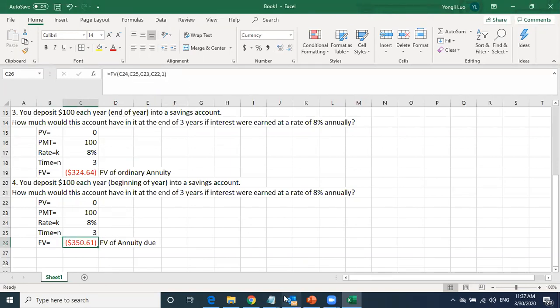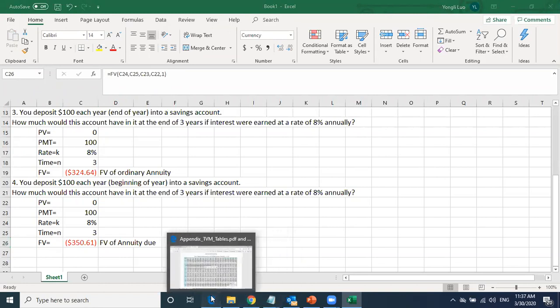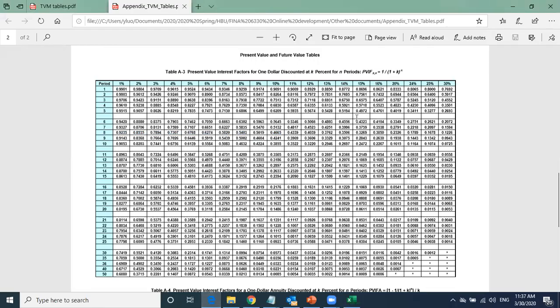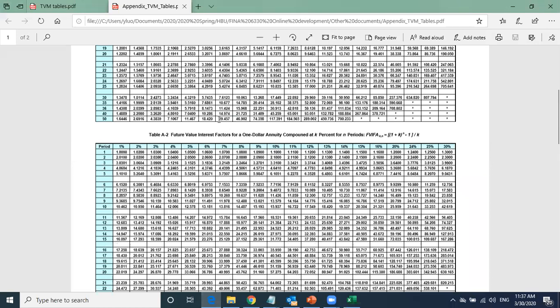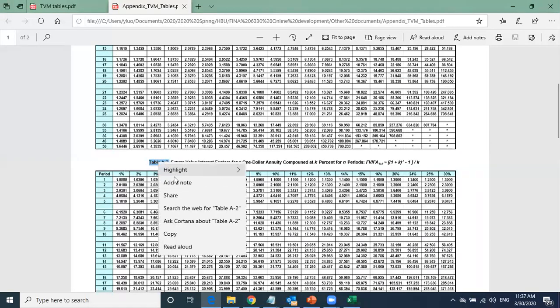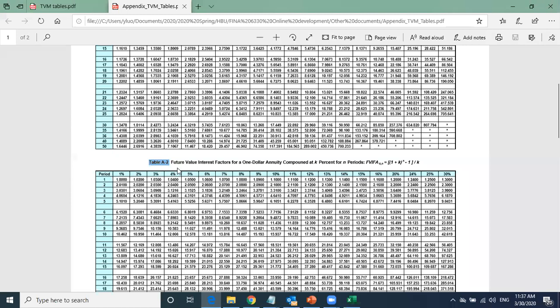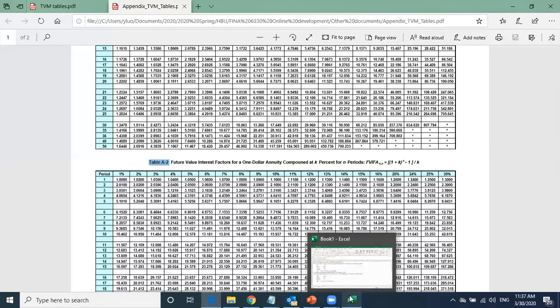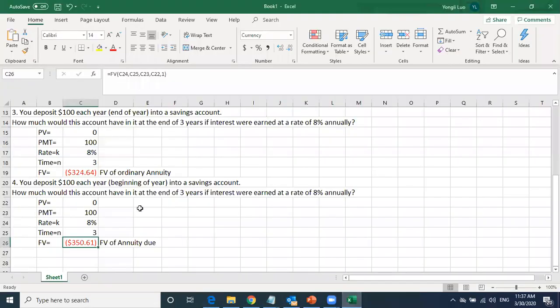Another option is the tables for an ordinary annuity. For the future value of an ordinary annuity, you can use table A2.